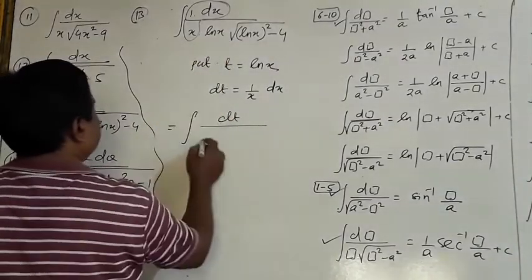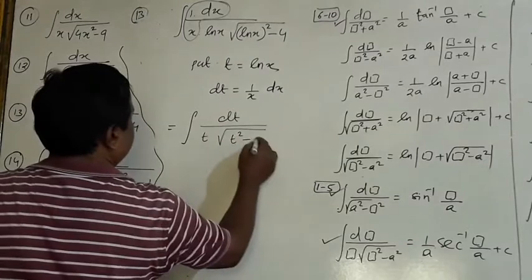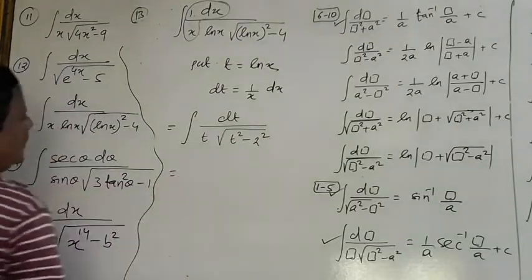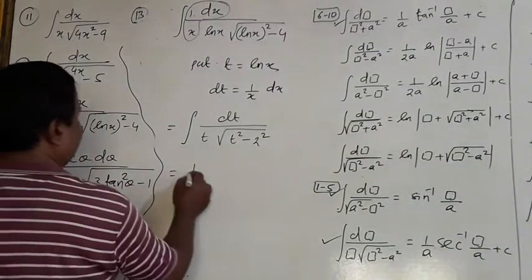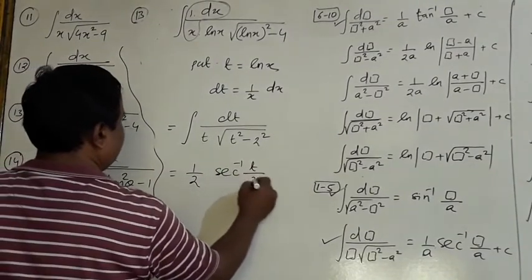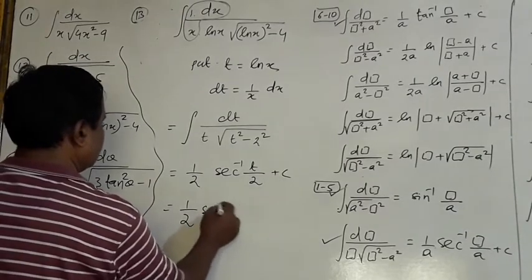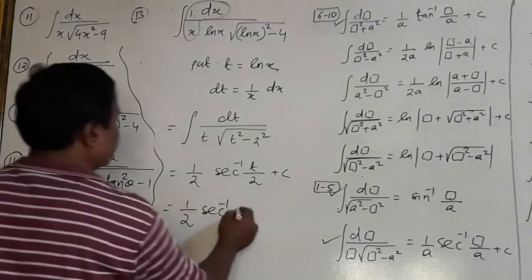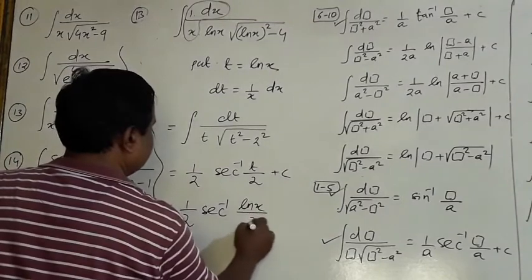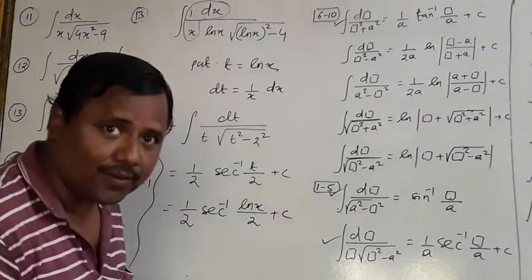Then it is t, then t square minus 4, which is 2 square. Now look, the answer is 1 by a: 1 by 2 sec inverse t by 2 plus c. And t means ln x, so sec inverse of ln x by 2 plus c. Have you matched your answer? Okay.